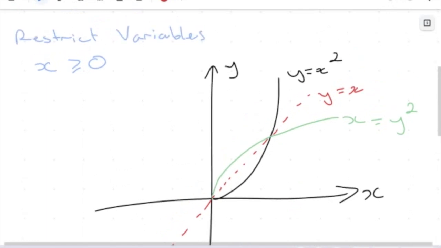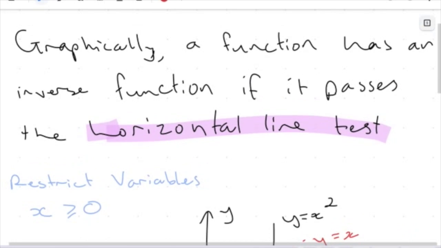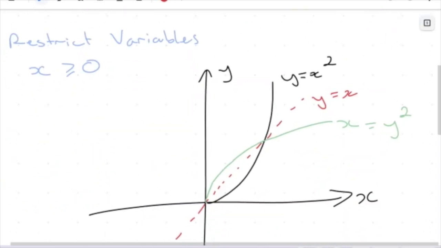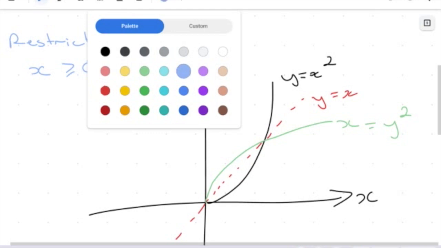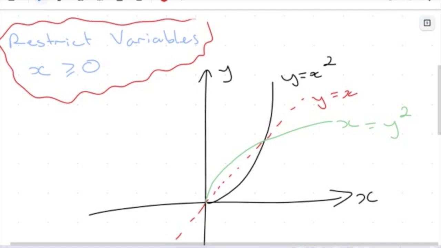So let's just quickly recap the main ideas from this video. Graphically, a function has an inverse function if it passes the horizontal line test. My original parabola didn't pass this horizontal line test, but in order to make it so it can have an inverse, we can restrict the variables. Now, we can do this in any number of ways, but here I've restricted the variables to just a value of x that is greater or equal to 0.